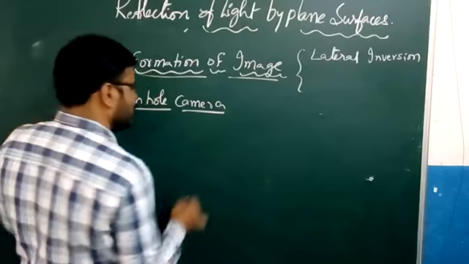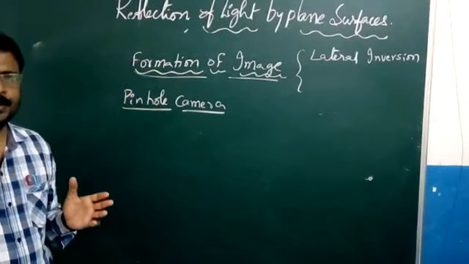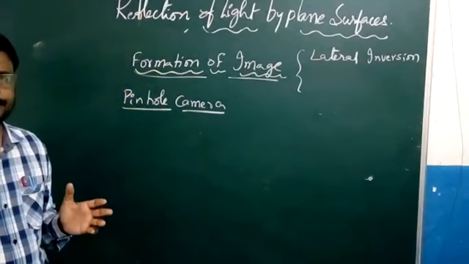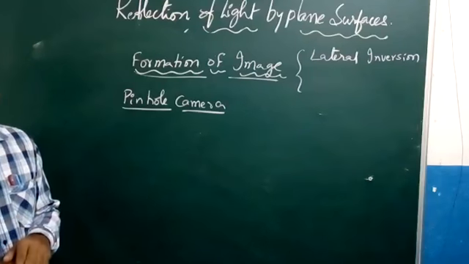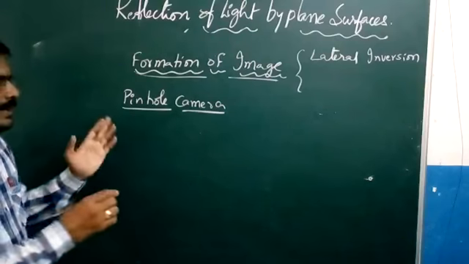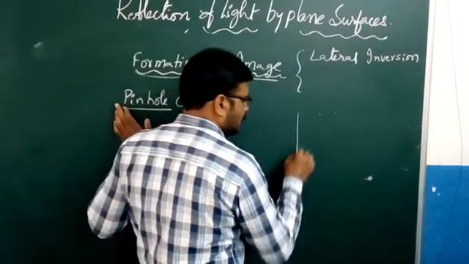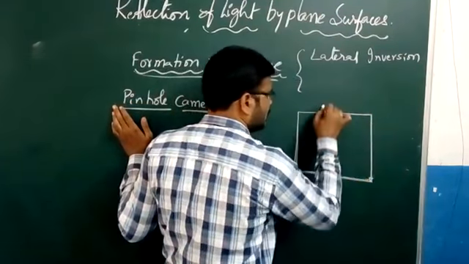It is a simple activity that you can do in a dark room. In order to do this, we will be sitting in a dark room. So let this be the dark room.